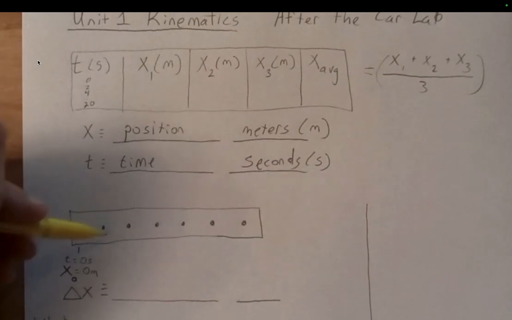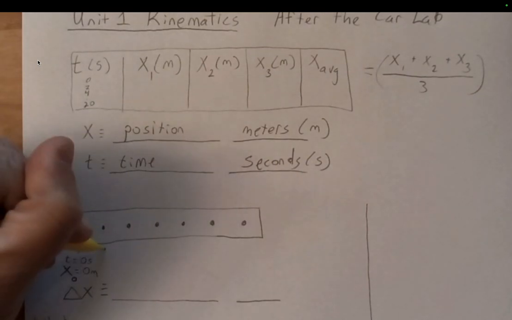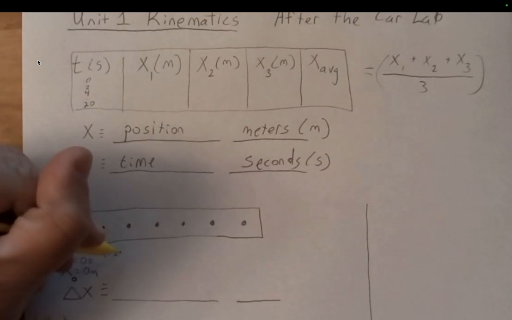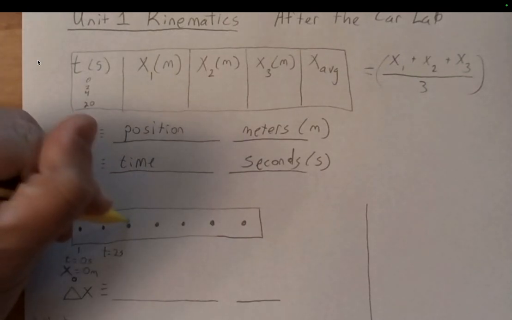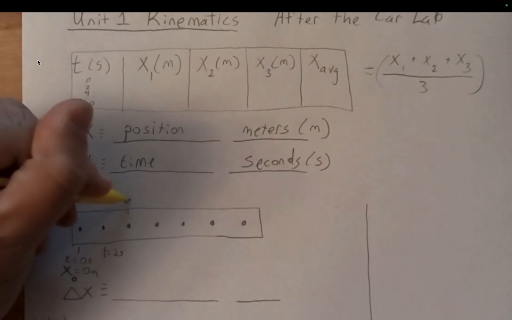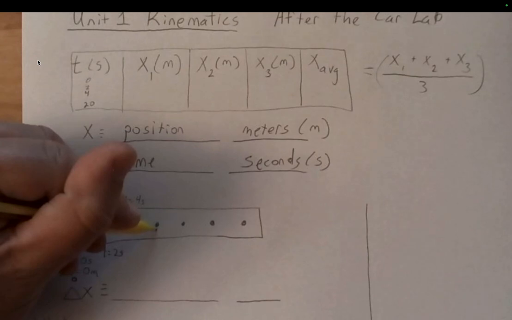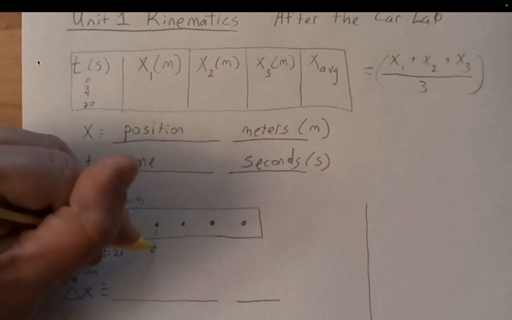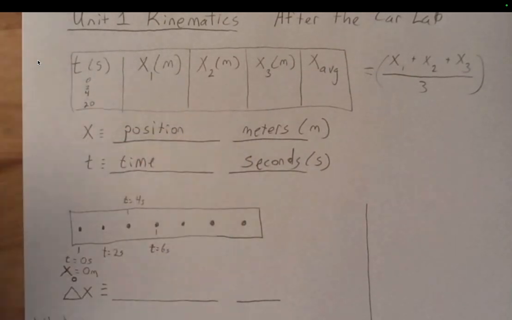And then we come out to here where at time equal to 2 seconds, and then time equal to 4 seconds, and then time equal to 6, and so forth. Every 2 seconds, we were able to record the position and the time data.